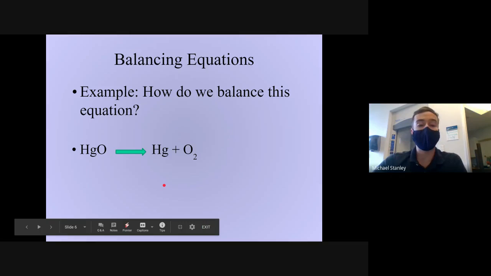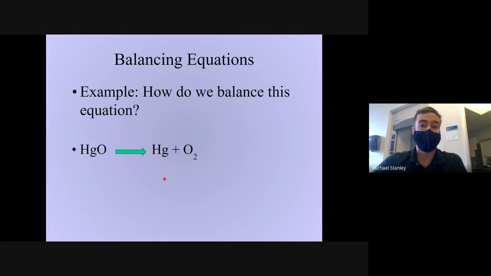So here we have a basic chemical equation. HgO, mercury oxide, is going through a chemical reaction and becoming mercury and oxygen, O2, on its own. So this compound is getting separated out into two different pieces.